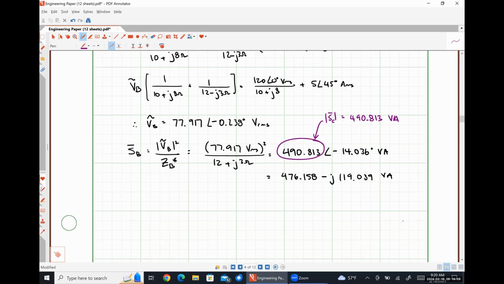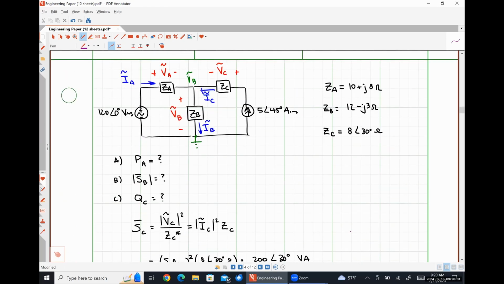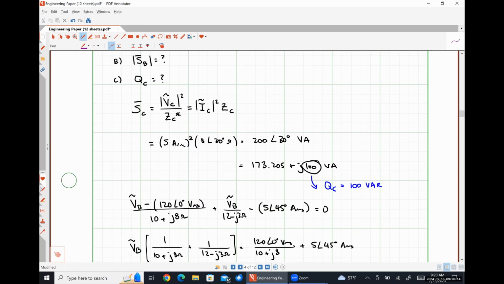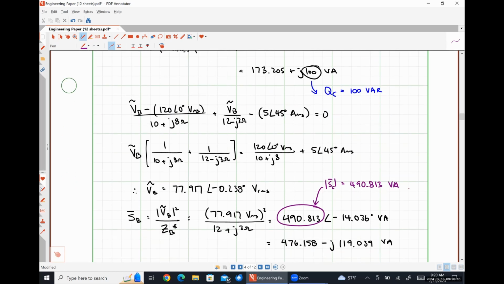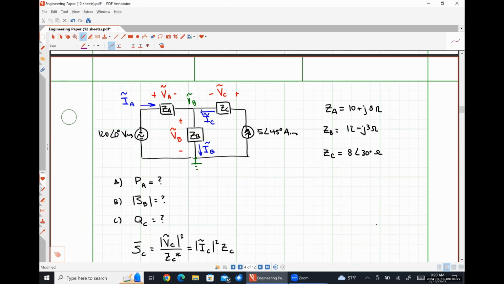All right, so the last thing that we have to figure out is effectively the complex power absorbed by impedance. Should be B. Did I write? Yeah, definitely should be B. Thank you for that. So the last thing that we have to figure out is what's going on with impedance ZA.